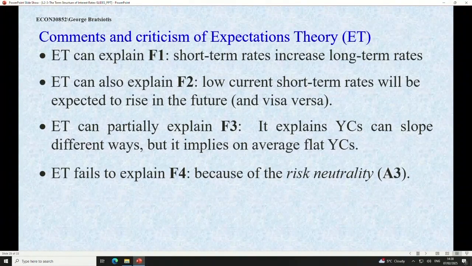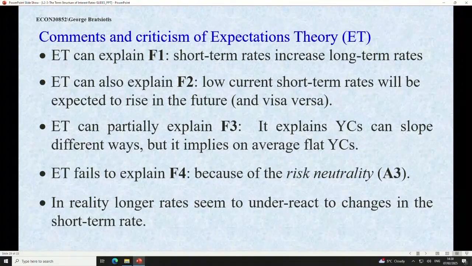Why? Because if they were risk averse, they would say, I want a higher rate for a high maturity. So they will get that. But they assumed risk neutrality. In reality, longer rates seem to underreact to changes in the short-term rate.